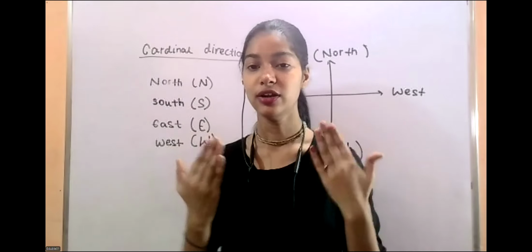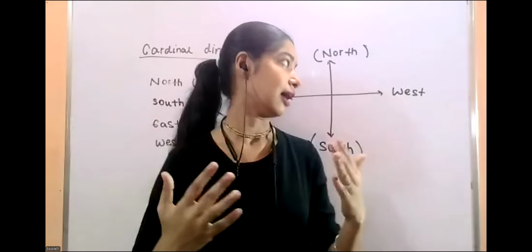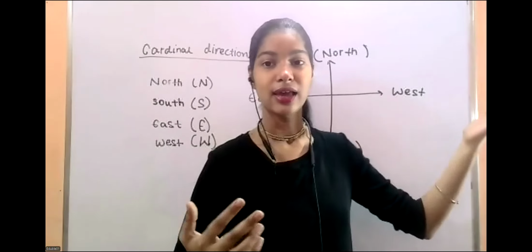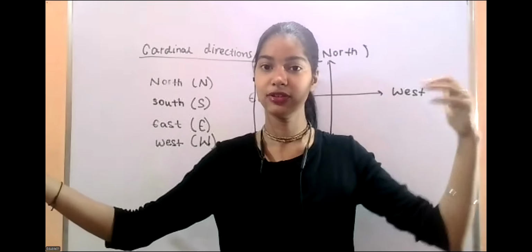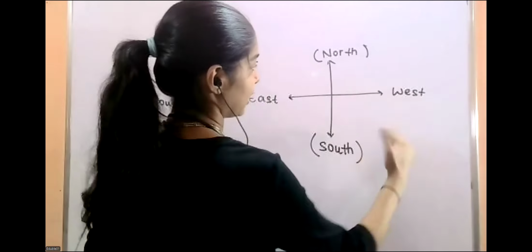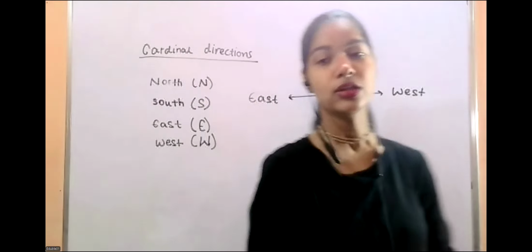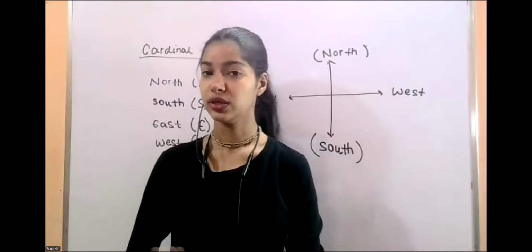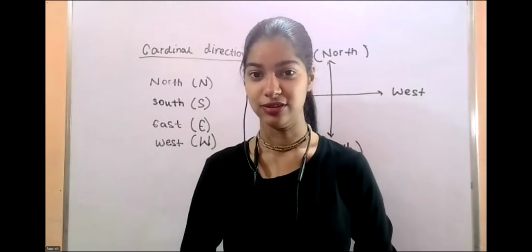Like I'm in front of you, so right now this is my west and this is my east. So right is my east and left is my west. Now when I turn, right is my west and left is my east. So this is how the direction of east and west changes when your position changes.